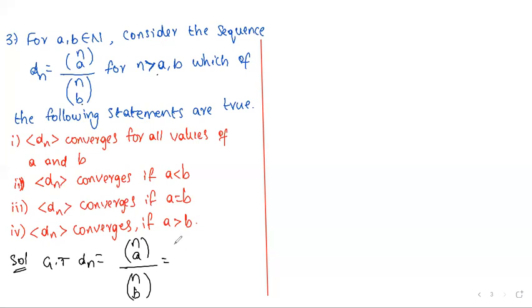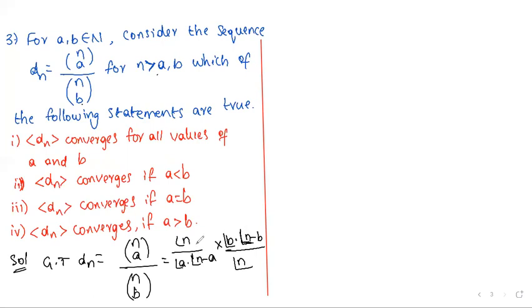Write the full form of this using the nCr formula: n factorial by a factorial into (n minus a) factorial, similarly n factorial by b factorial into (n minus b) factorial.